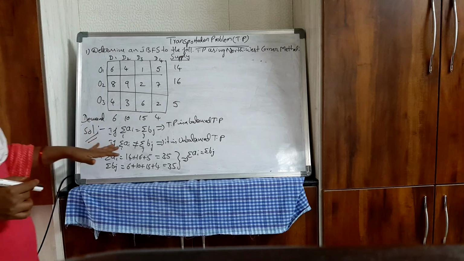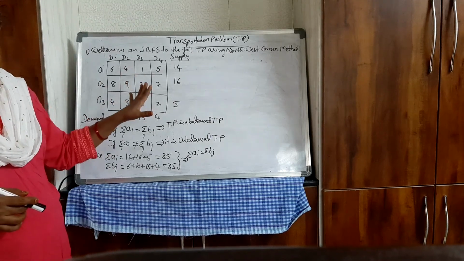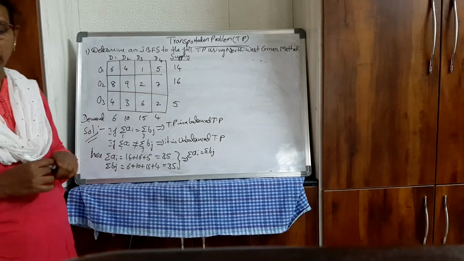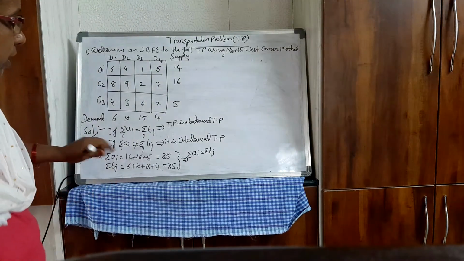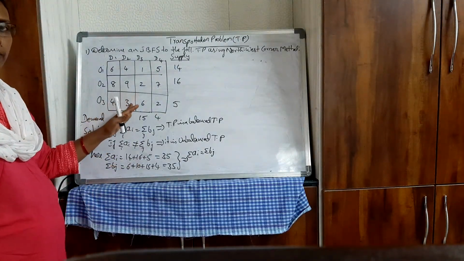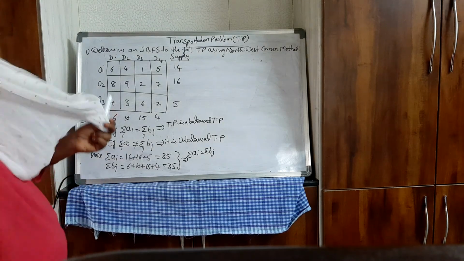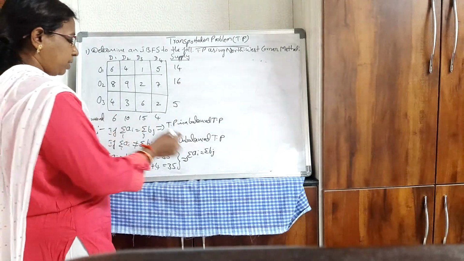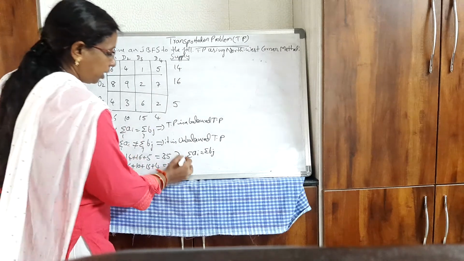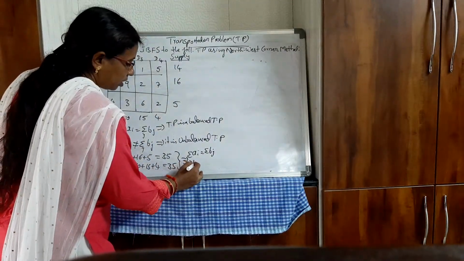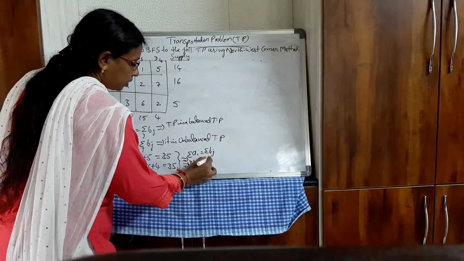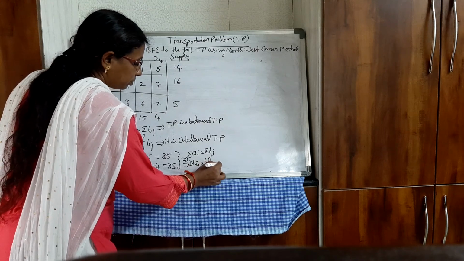If it is unbalanced, you have to add a dummy row or dummy column. That I will explain with another example. Because it is a balanced transportation problem, now we proceed.